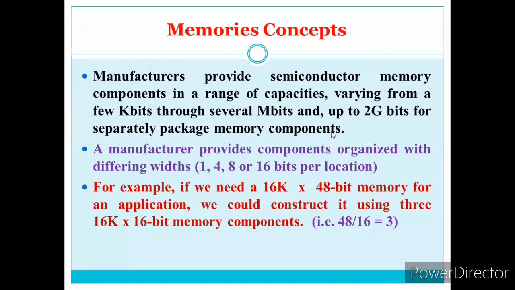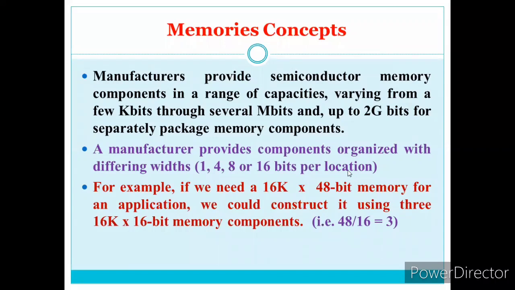Again, it depends upon the user requirements. A memory manufacturer also provides components organized with different widths. Other than the size of the memory, it can be manufactured with a different memory width also. That can vary from 1 bit, 4 bit, 8 bit, or 16 bit per location.